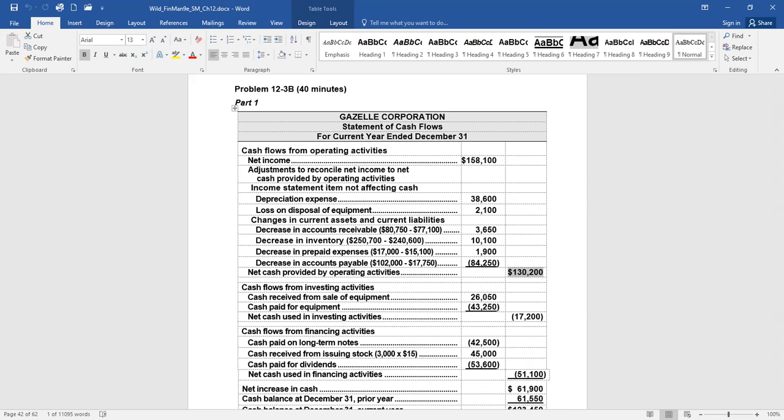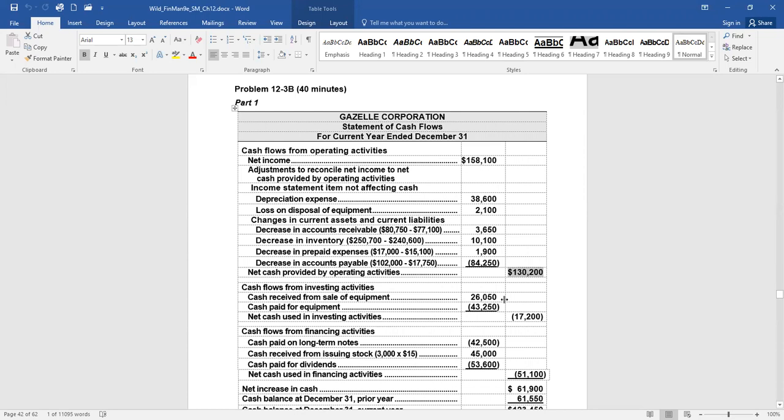I'm going to go back to the book online, but in parts B and C, they tell us the company sold equipment costing $51,000 with an accumulated depreciation of $22,850, and they sold it for $26,050. So what's the impact on cash? A positive cash from the sale of equipment. So that's what we're reporting here.